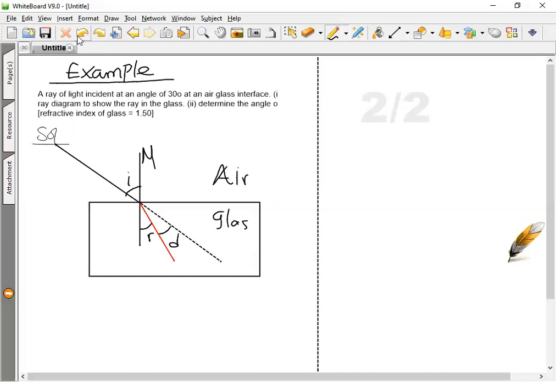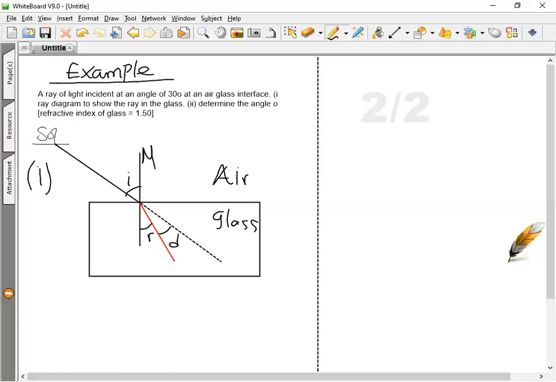Now we've done number one. The first one is done. They said we're supposed to draw a ray diagram to show the ray in the glass. So we have done that. Okay. Now the second question says that determine the angle.